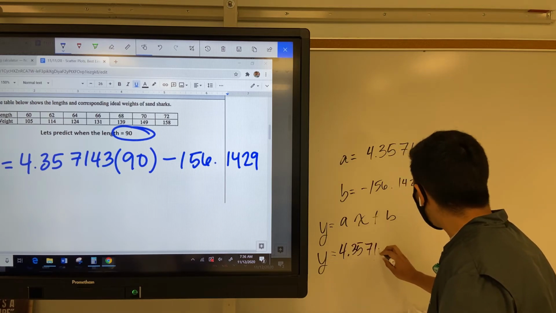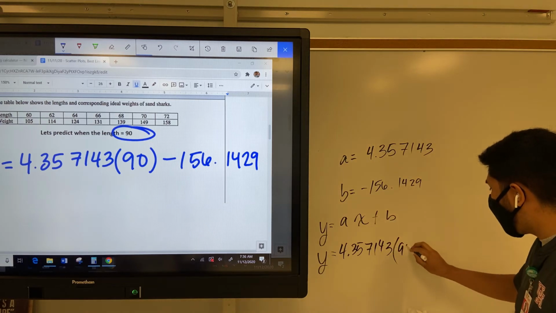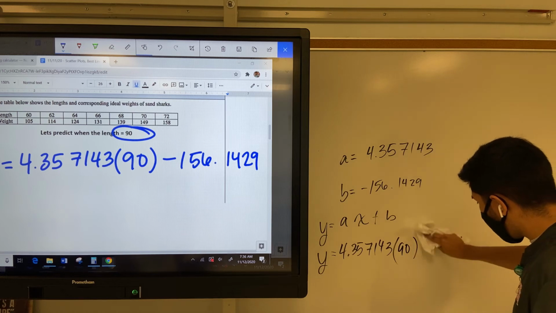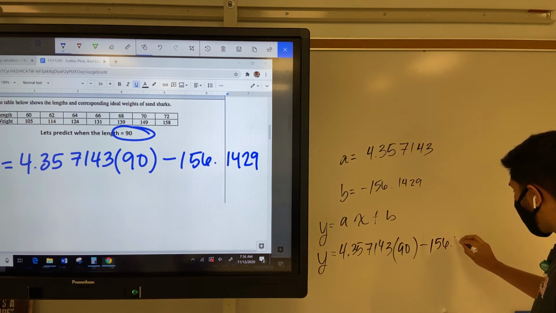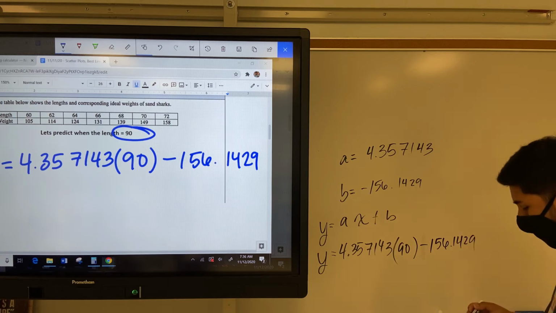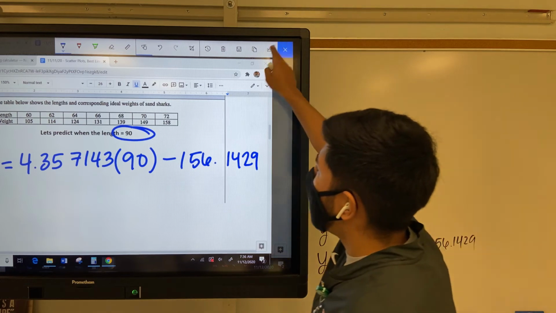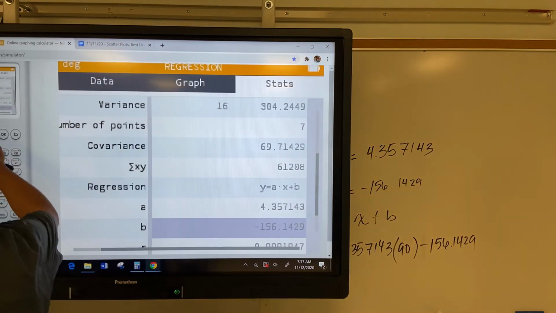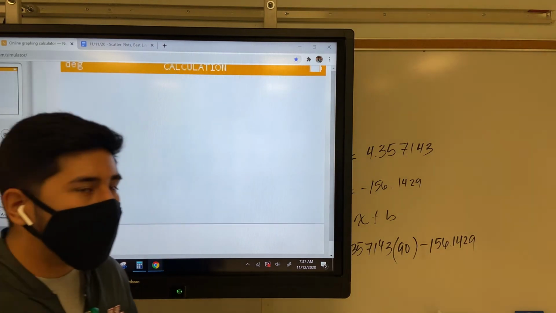Let me write this down so I don't forget it. 4.35, 71.43, parentheses 90 minus 156.1429, and then we use the calculator. Go to the calculator. Remember, you're going home, going up to calculation, and then we just put it in just like that.